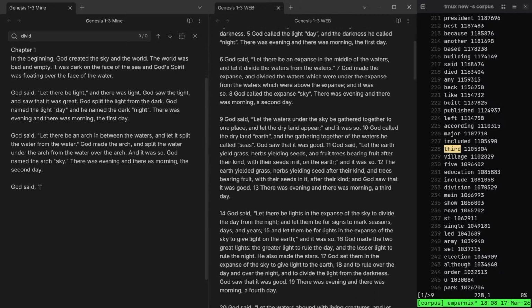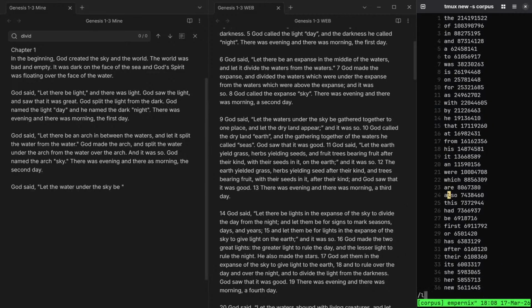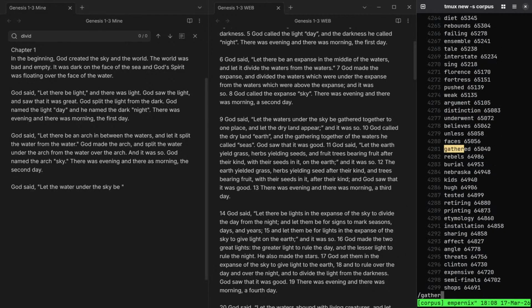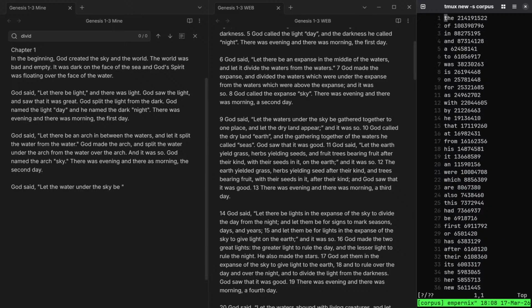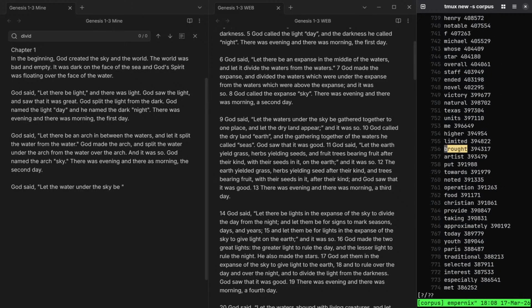God said, "Let the water under the sky be gathered." Okay, gathered is more common than gather, but it's not very common. What about brought? See, that's a lot more common. I could say be brought together, right? Yeah, gathered and brought mean the same thing.